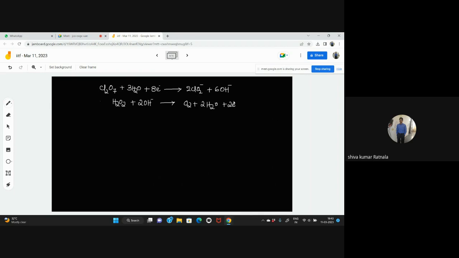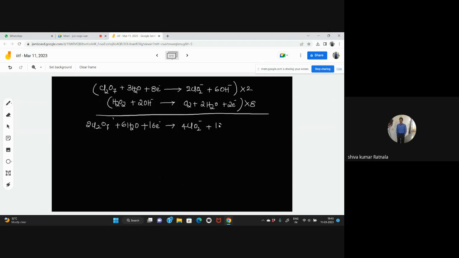Now what are we going to do? To balance this, we are going to multiply this with 2, sorry, 2, and this with 8. Then what we can write? 2Cl2O7 + 6H2O + 16 electrons, 4ClO2⁻ + 12OH⁻ gives rise to 8H2O2 + 16OH⁻, 16H2O, 16 electrons.